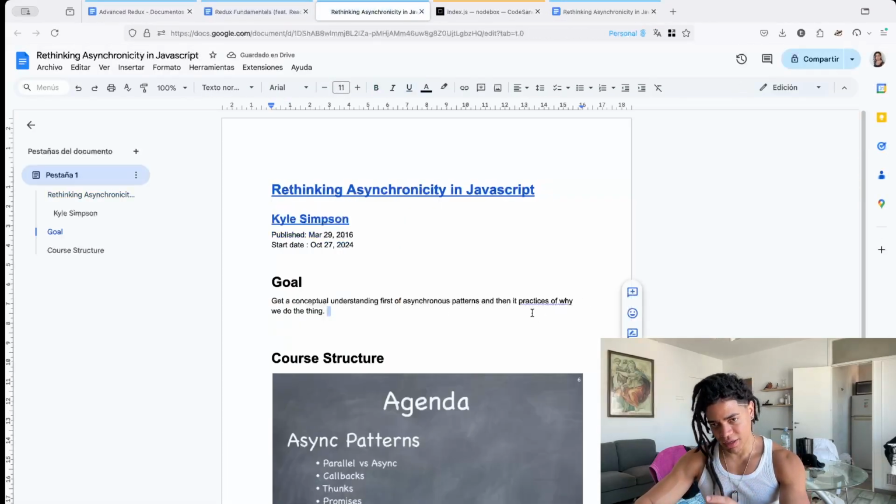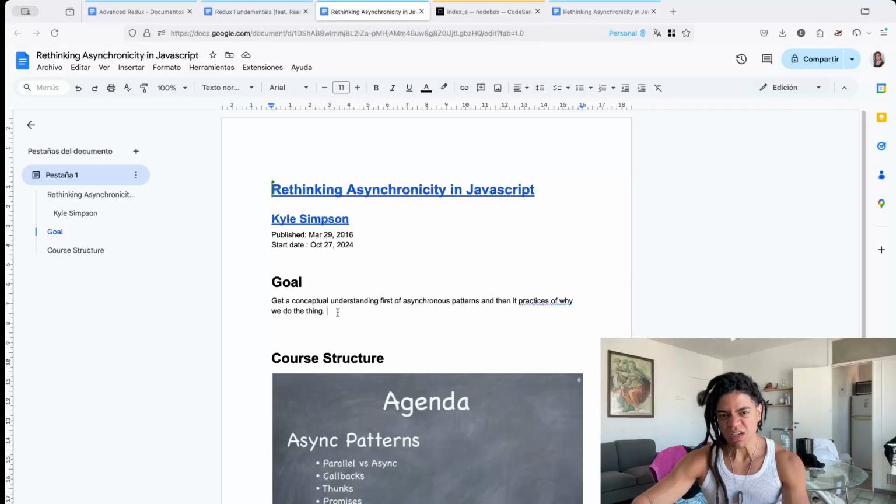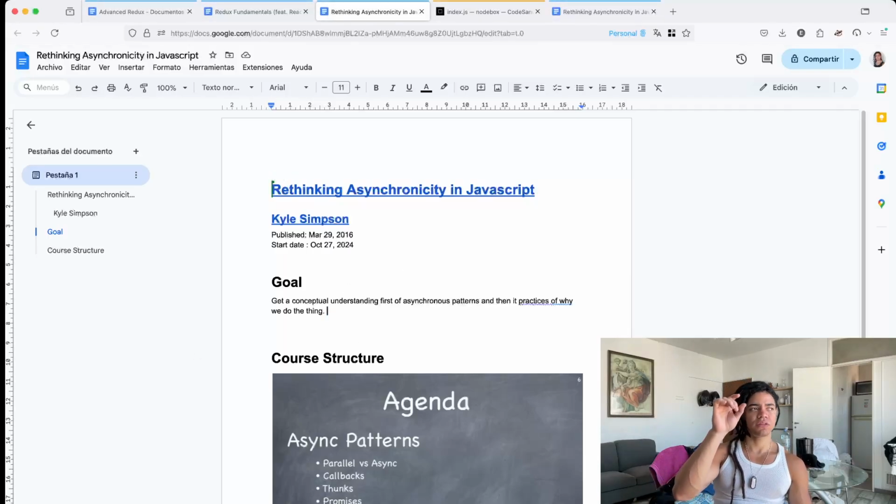So again, the goal of this particular course is to be able to describe quickly all of these async patterns. And by pattern we mean a typical solution to common problems of asynchronicity. Each particular pattern provides some of the goodies and not others.